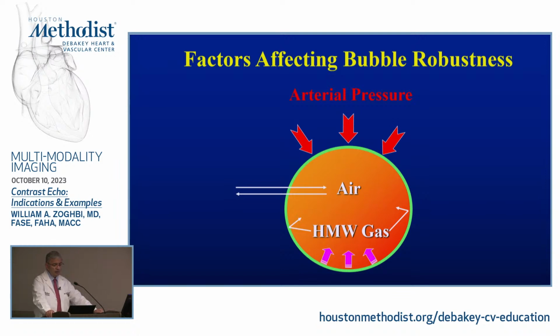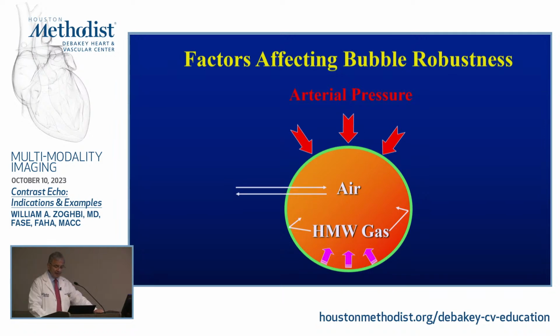You think also of what is inside the microbubble, as opposed to agitated saline or any fluid. It is not necessarily air, and most often we use high molecular weight gas. And what's the influence of pressure, of the arterial pressure? Remember, these go from a venous pressure, which is rather low, to an arterial pressure, and how well does it withstand?